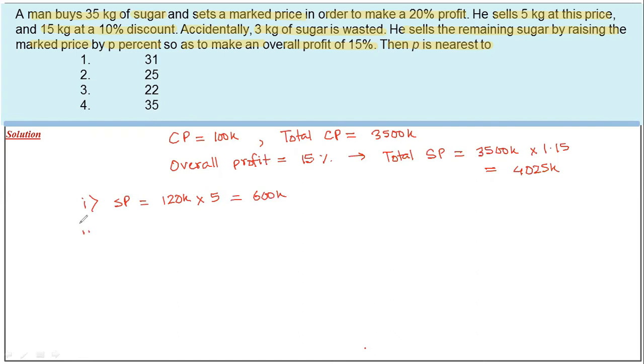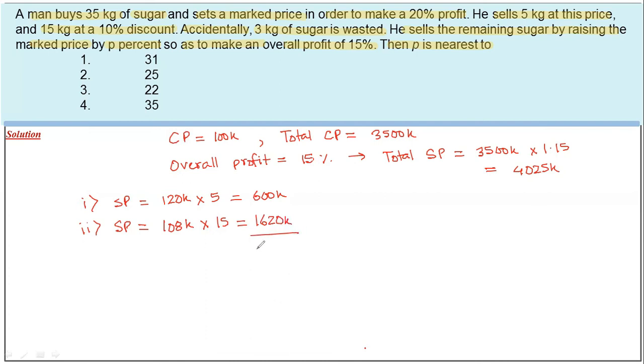In the second case, the selling price is 108k because a 10% discount is given, and 15 kg of sugar is sold at this price, so the total is 1620k.